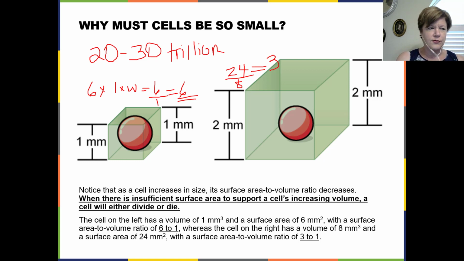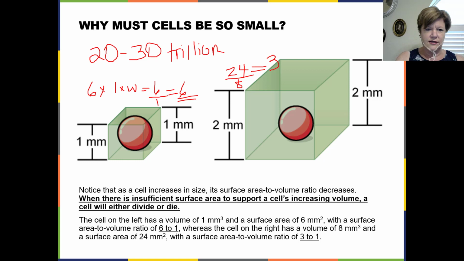And as you remember when we talked about enzymes, there's a speed at which life needs to move. So the oxygen needs to be able to get to the center quickly. There's not a lot of time to wait. If the cell is too large and the oxygen's not getting all the way to the middle because it's a long distance, then cells start to die.